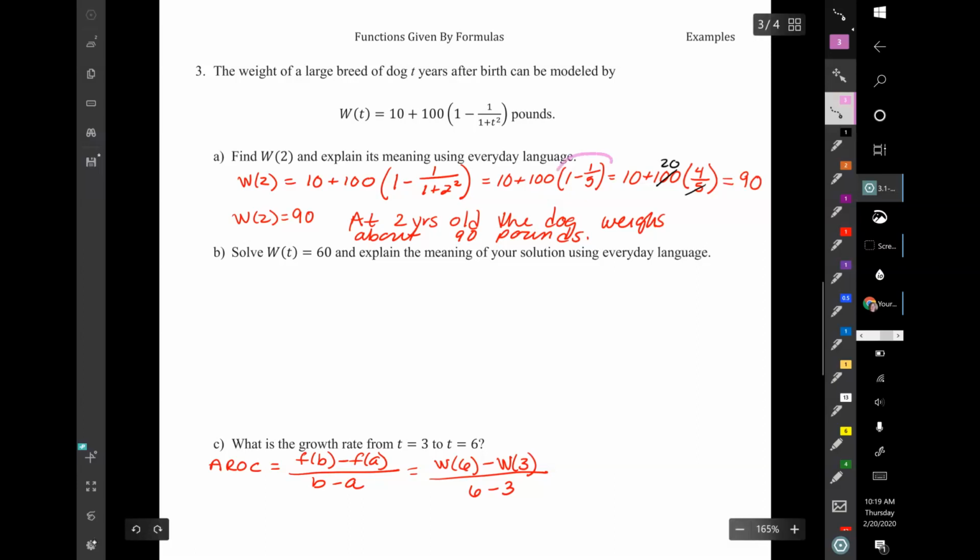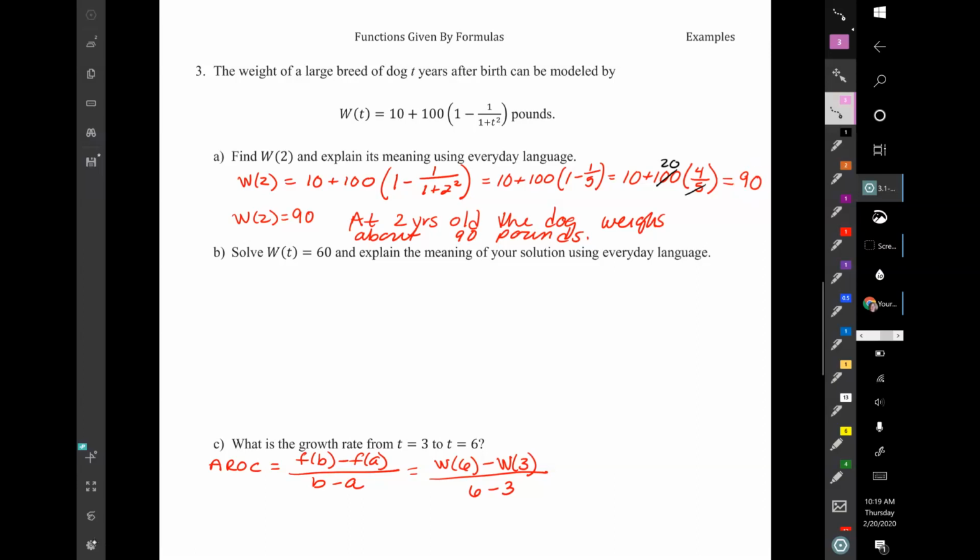When I subtract this, I'll get 4/5. Now 10 plus 100 times 4/5, I could reduce that 100 with the 5, so I get 20 times 4, which is 80. So my answer is 90.